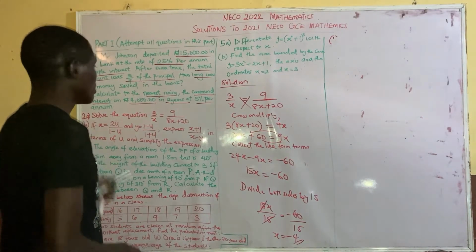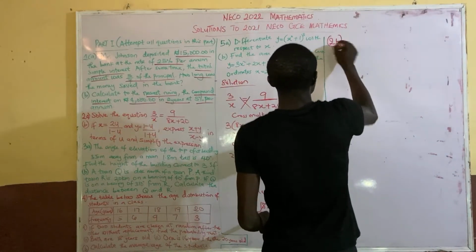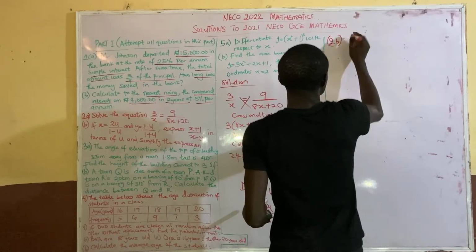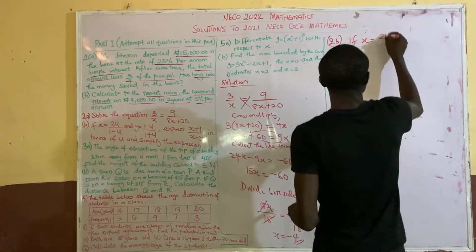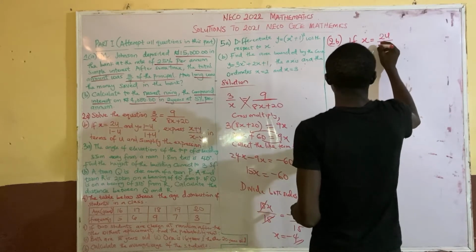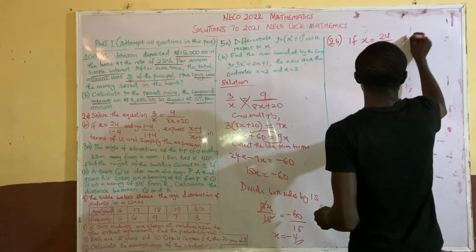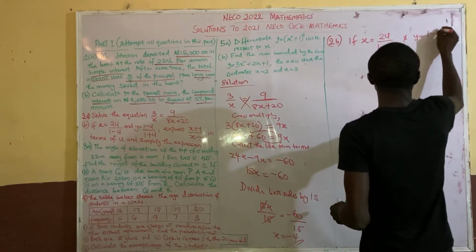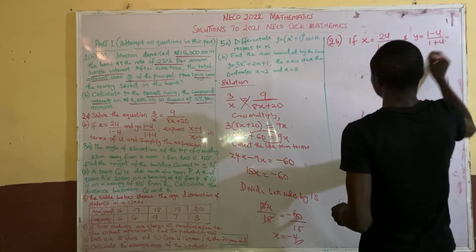So B aspect of number 2 says that if x equal to 2u all over 1 minus u and y equal to 1 minus u all over 1 plus u.